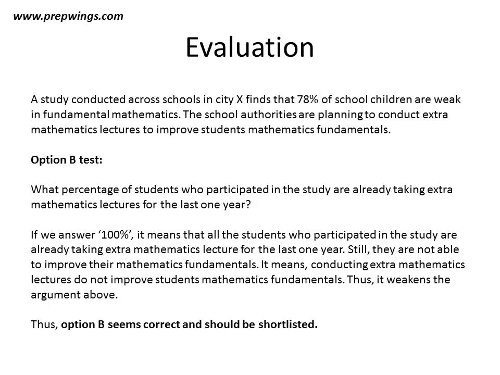What that means is that the study was conducted on students who are taking extra mathematics lectures, and still they are weak in mathematics. What this means is that even with extra mathematics lectures, you're not able to improve mathematics fundamentals. Thus giving an answer of 100% here weakens the argument. So option B seems to be correct and should be shortlisted.